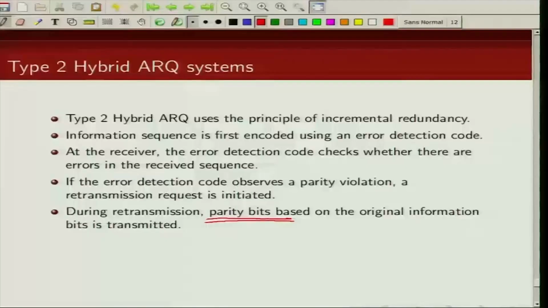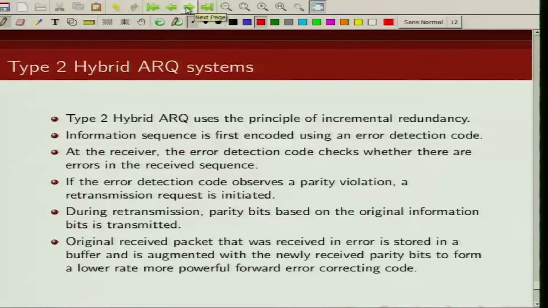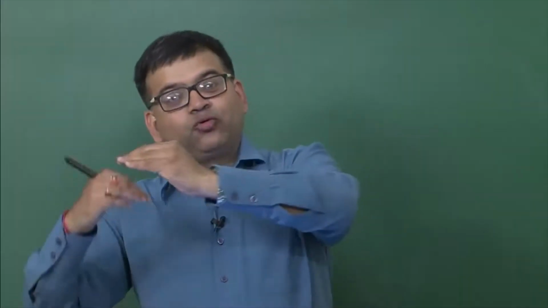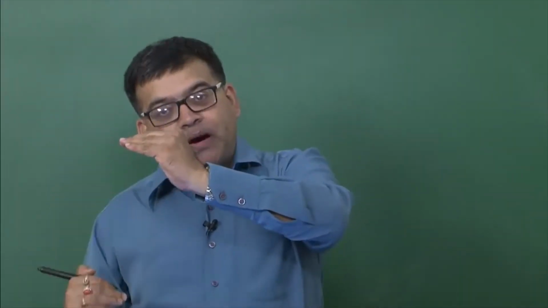and the decoder can now try to correct the errors. So the difference here is, in type 2 hybrid ARQ scheme, each time when we retransmit, we send a new set of parity bits, and at the receiver we are adding these new sets of parity bits to our original received sequences to create a more powerful lower rate code.